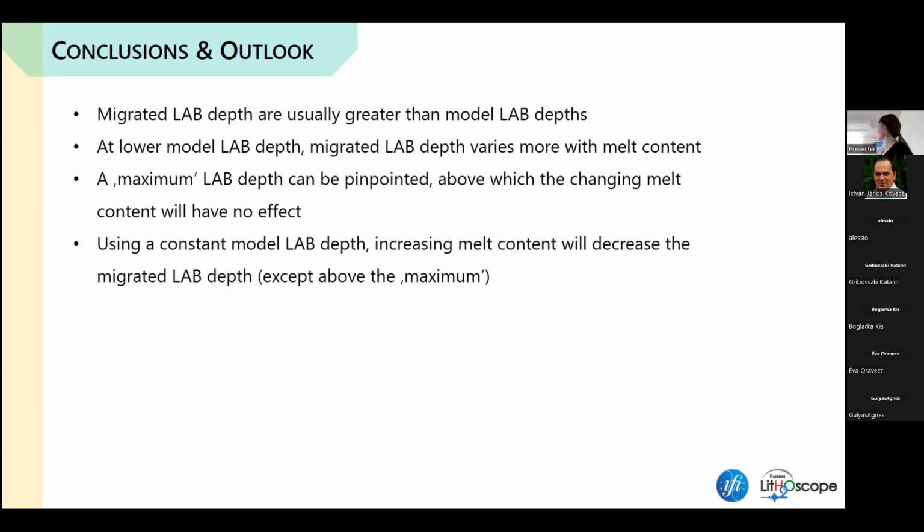So the changing melt content will have no effect. And if we use a specific model LAB depth, then the increasing melt content will decrease the migrated LAB depth, except above the maximum where it will just be flat.